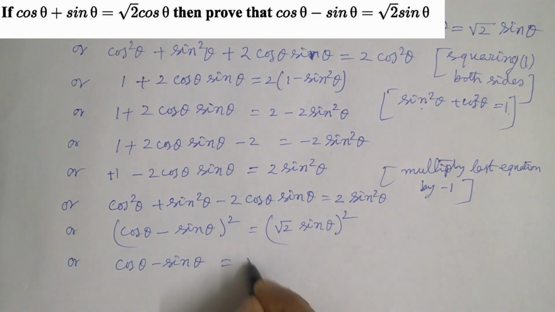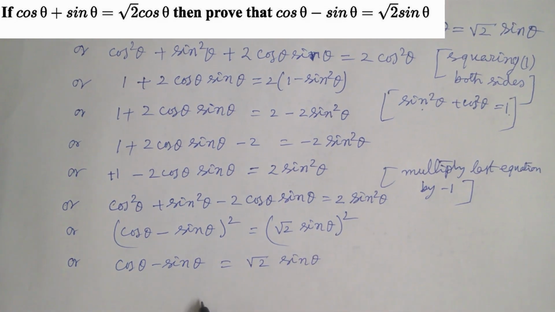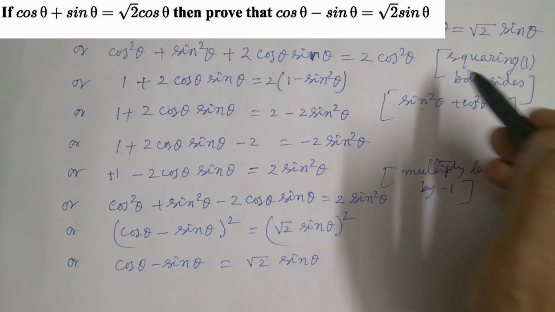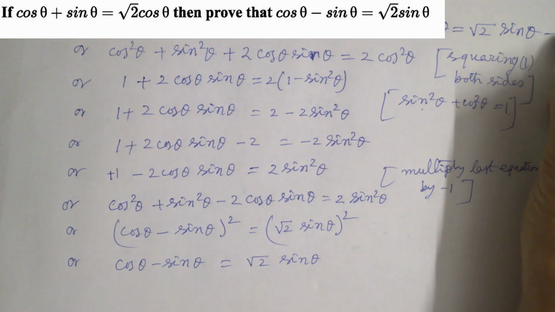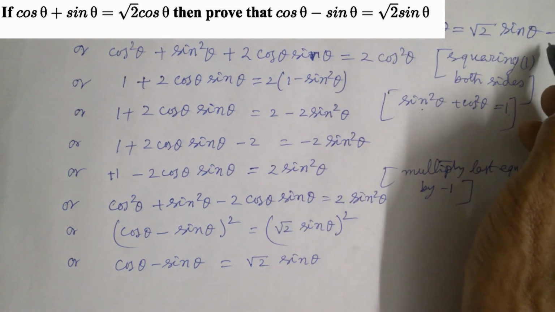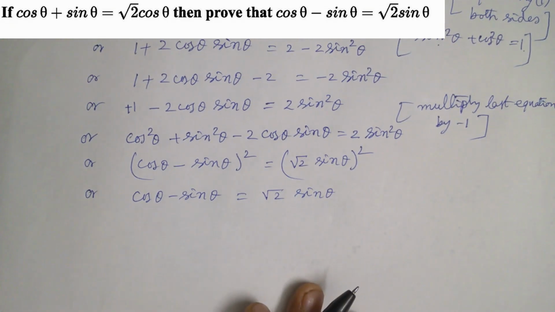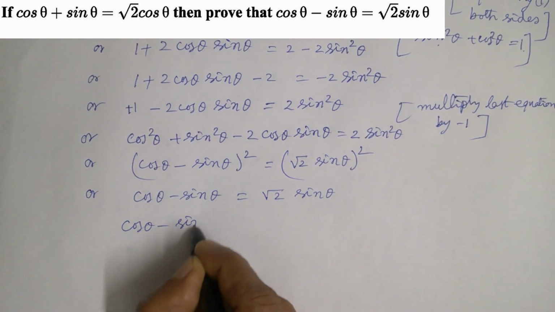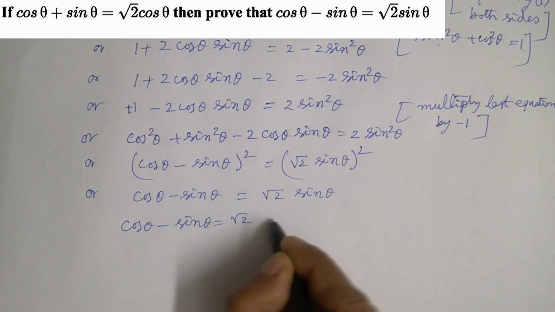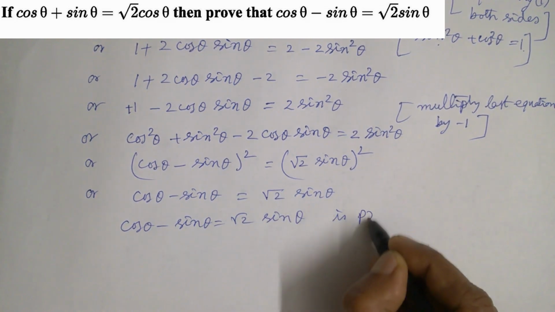So this is equal to root 2 sin theta, which is the equation to be proved. Name it equation 2. This equation 2 and this last equation are the same. So we conclude that cos theta minus sin theta is equal to root 2 sin theta is proved.